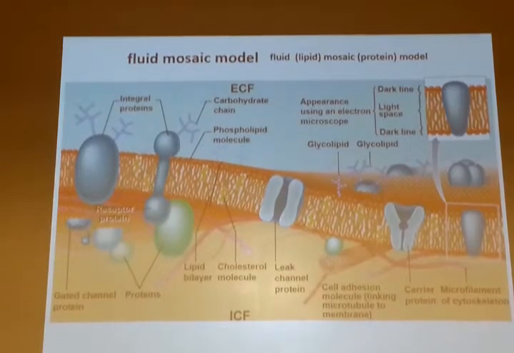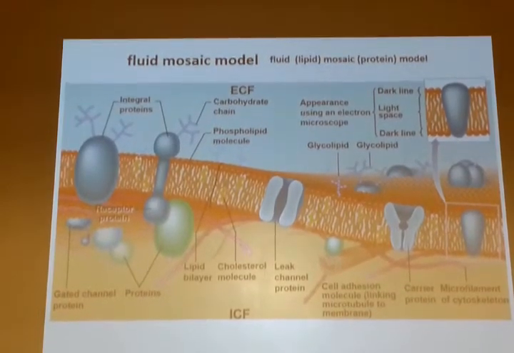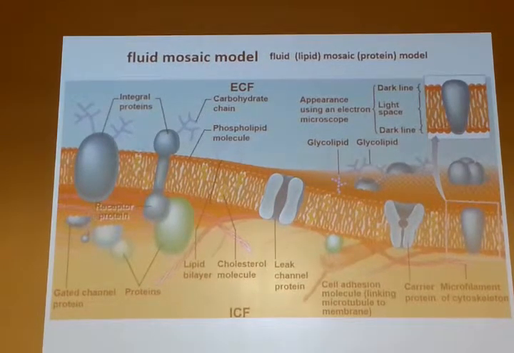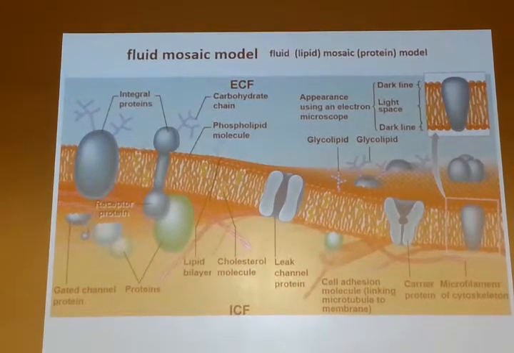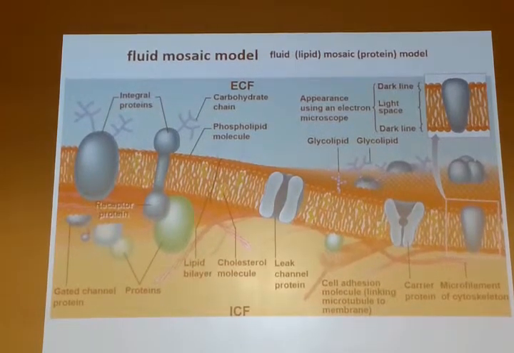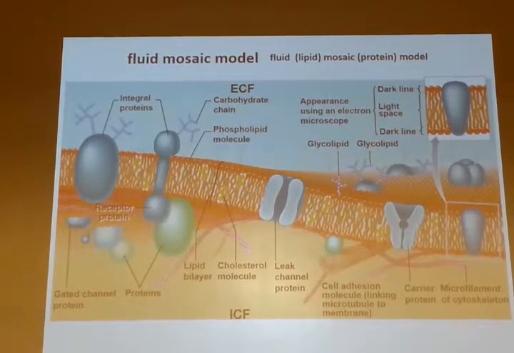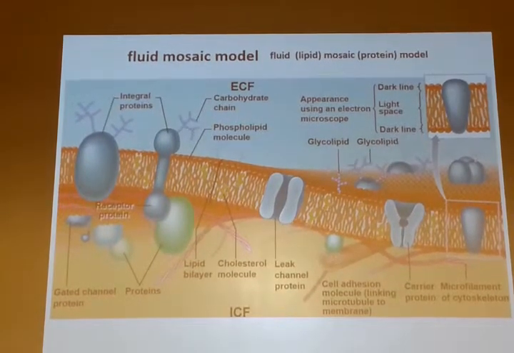They're always open. They're always allowing whatever can fit through to go through. Goes through either by size or charge, selectivity.